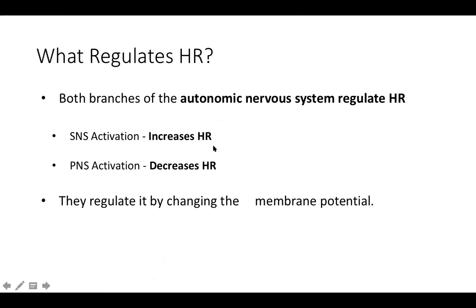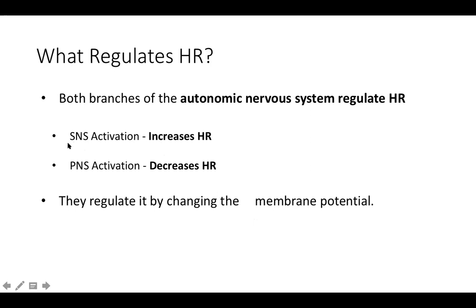And the major factor is the autonomic nervous system. So both branches of the autonomic nervous system, both the parasympathetic and the sympathetic, both regulate heart rate. And they do this by changing the pacemaker potential. In your slides, it will say the pacemaker potential, but in this presentation, it says membrane potential.